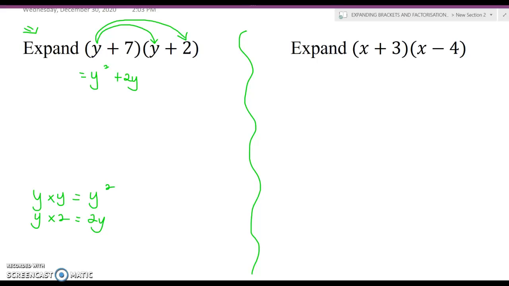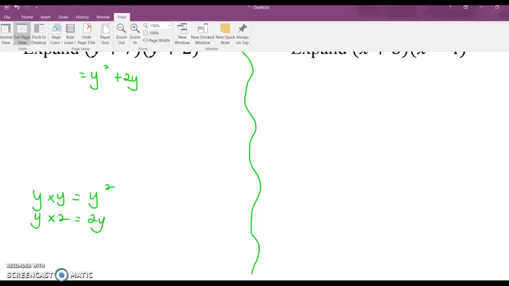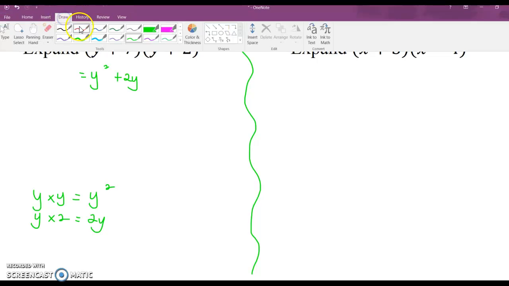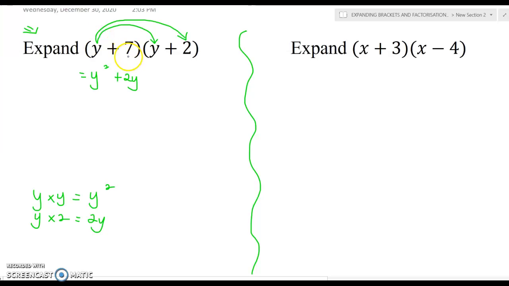And now let's look at the next part. Now 7 by y, so now the inner terms. 7 by y is 7y, so plus 7y, and then 7 by the last term, that's 7 by 2, which is 14. So plus 14.